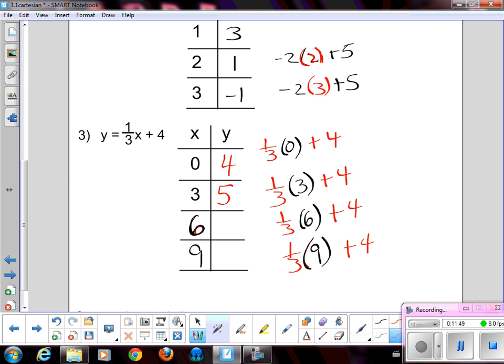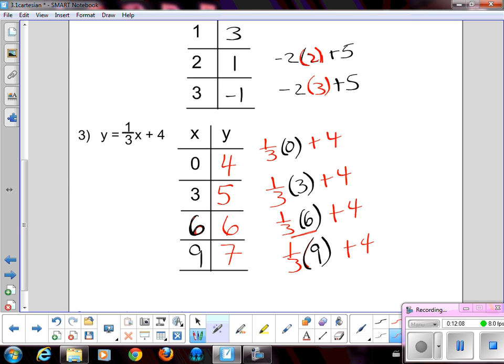And if I calculate it, what I end up with are some nice numbers. So this here is going to create 2 plus 4, which is 6. The next one is going to be 9 divided by 3, which is 3, and plus 4 would be 7. So now I have completed my t-table.